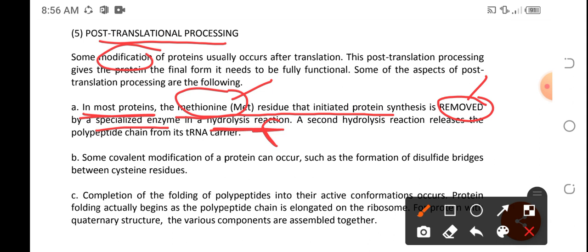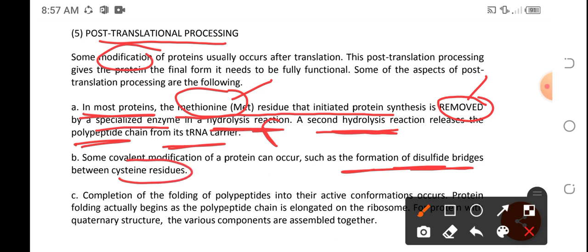Tas meron din ito. Second hydrolysis is the release of the polypeptide from the tRNA carrier. Okay. Ano pa yung mga modifications? There are some, okay, if may formation na ng mga disulfide bridges between the cysteine residues.